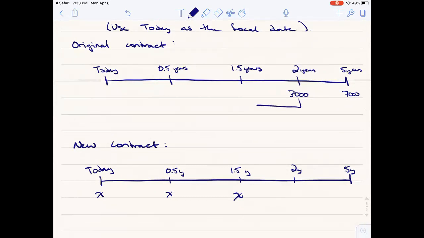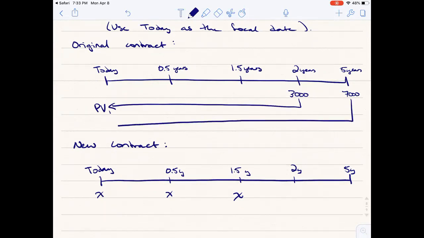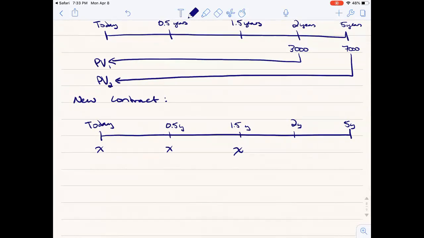So that says, okay, we'll take this 3,000, figure out what the present value of that one is, take the 7,000, figure out what the present value of 7,000 is. I didn't give myself enough room here. The total of this is the total of the original contract.